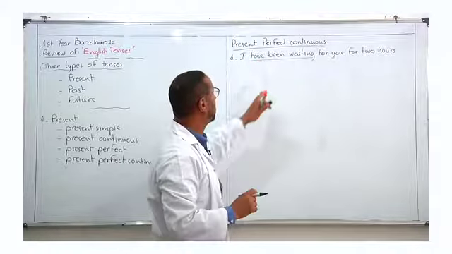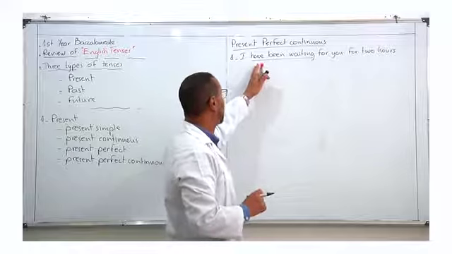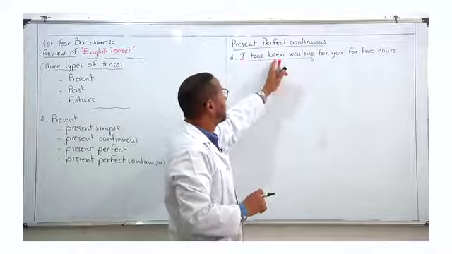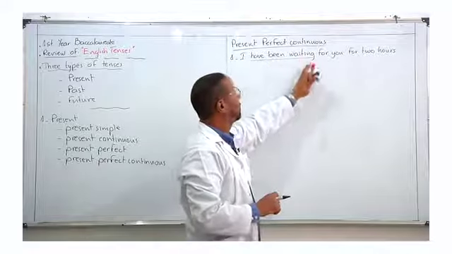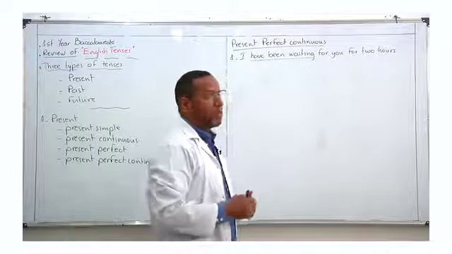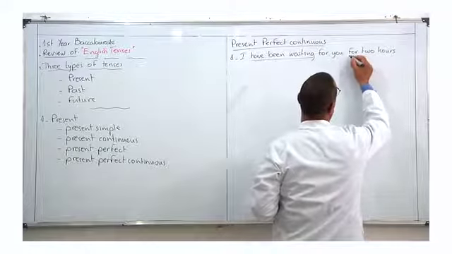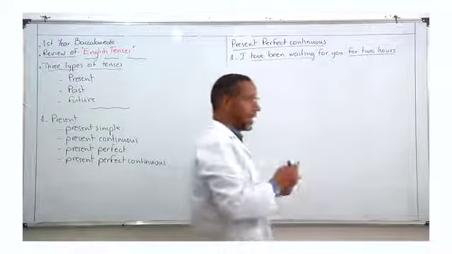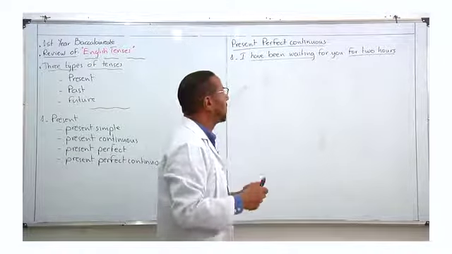The present perfect continuous is made with the auxiliary verb have or has, plus the past participle of the verb to be, been, plus verb plus ing. As you can see, there is a time expression here that tells us that the action lasts or lasted for a long time, more than necessary.